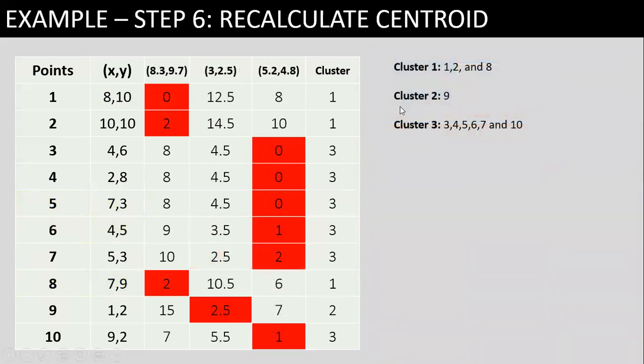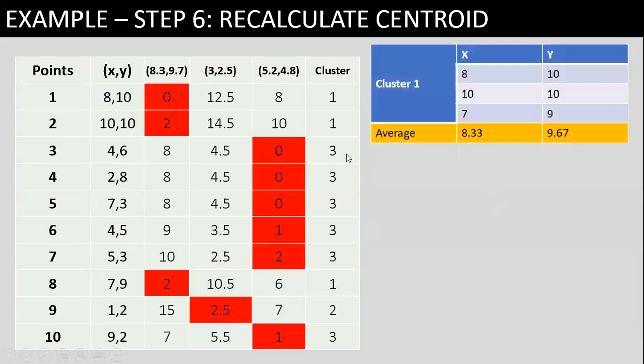Employing the same distance measurement, we arrive at this new clustering. Cluster 1 remains unchanged as well, 1, 2, and 8. Cluster 2 has changed. It now only has point 9. And cluster 3 is points 3, 4, 5, 6, 7, and 10.